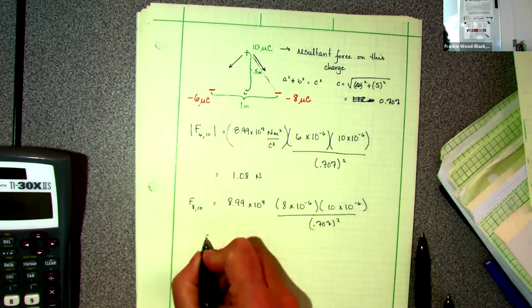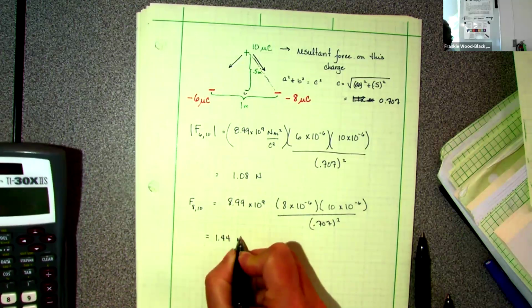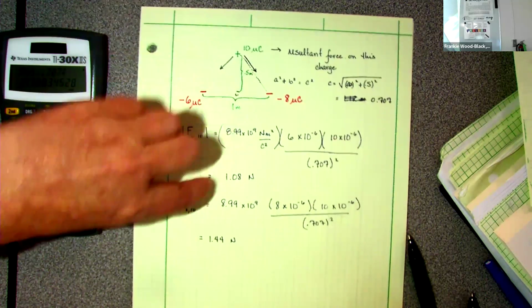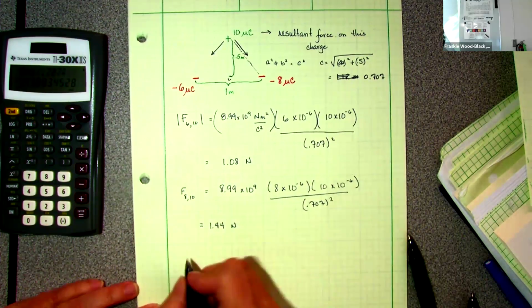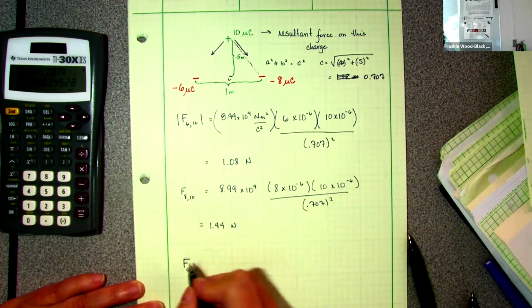This one gives me 1.44 newtons. All right, but those are the magnitudes. So if I want my vector, that's my 10.